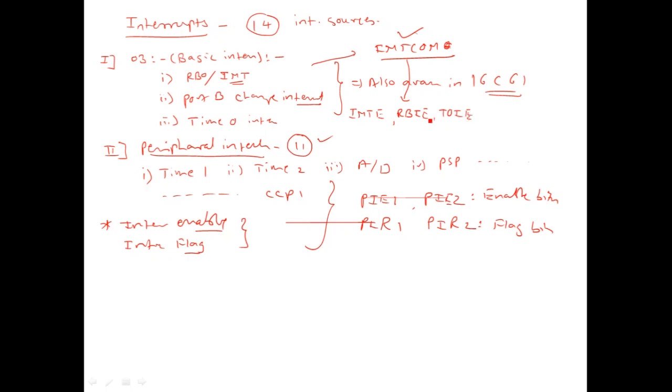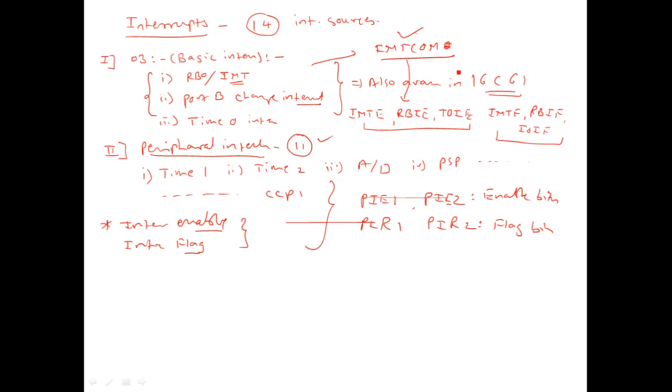So these are the enable bits of these three, and the corresponding flag bits: external interrupt flag bit, port B change interrupt flag bit, and timer 0 interrupt flag bit. So these are flag bits. These 6 bits are available here.